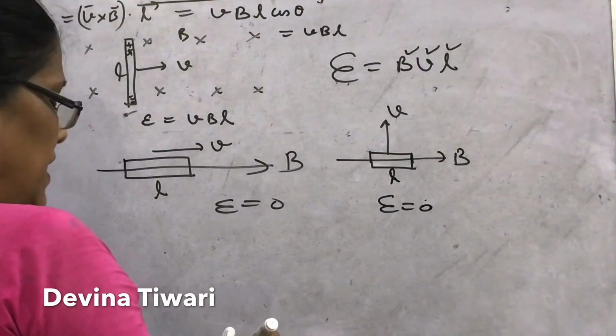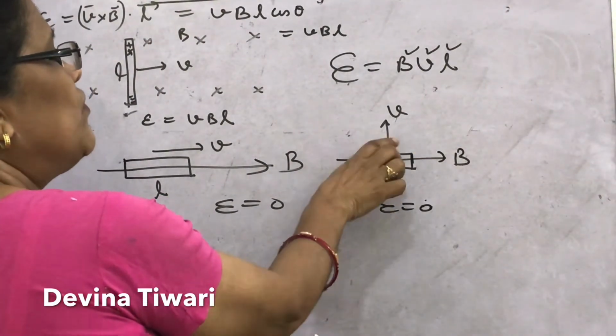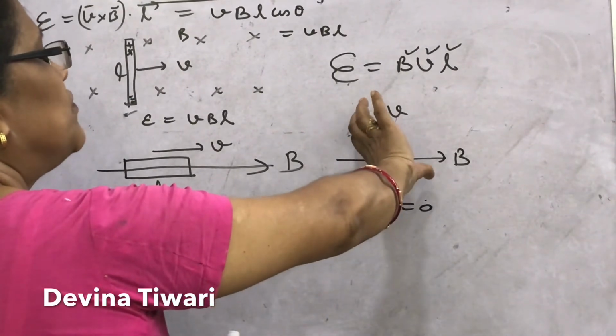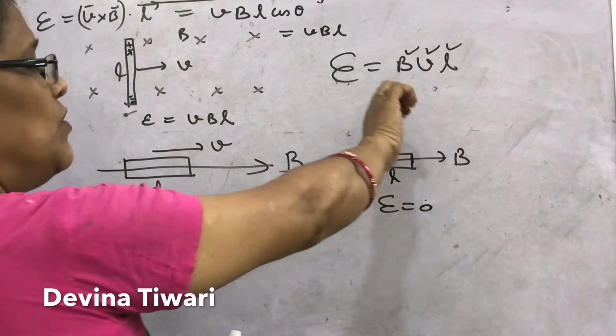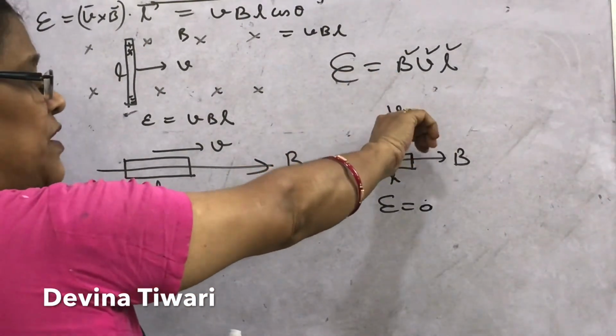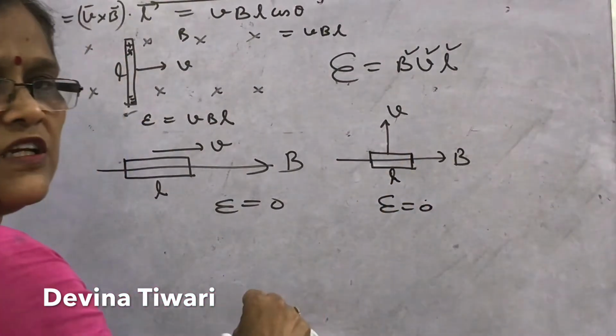Look, again you find V, this is B. What will be the V cross B? This will be the direction of V cross B. Look at my thumb, V cross B will be downward, and what is L in this direction?